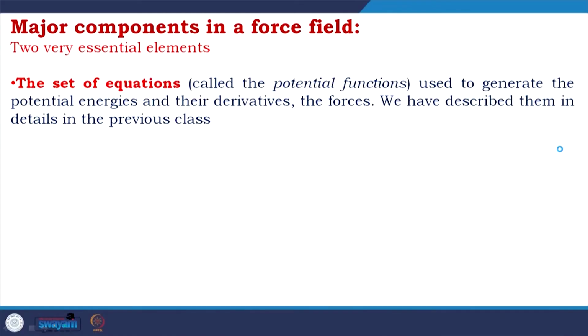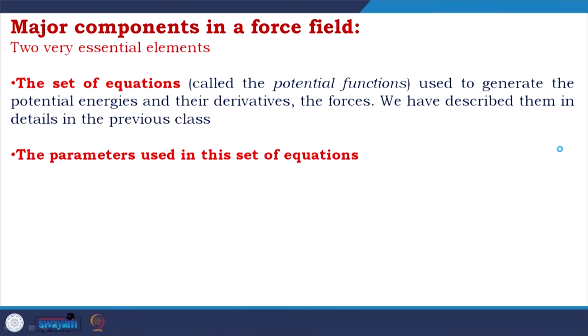There are two very essential elements in the force fields. One, the set of equations called the potential functions used to generate the potential energies and their derivatives, the forces. If you remember, we talked about the components and their equations: the stretching, bending, dihedral, van der Waals, Coulombic, hydrogen bonds.